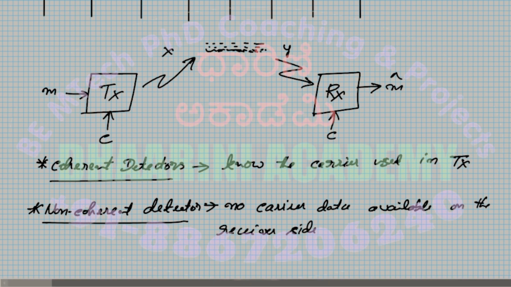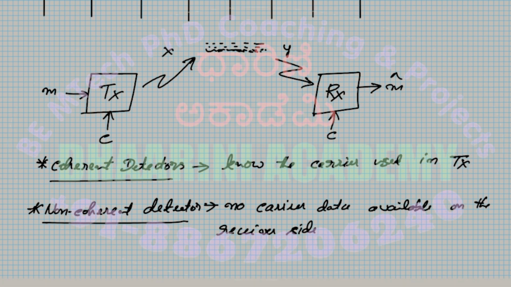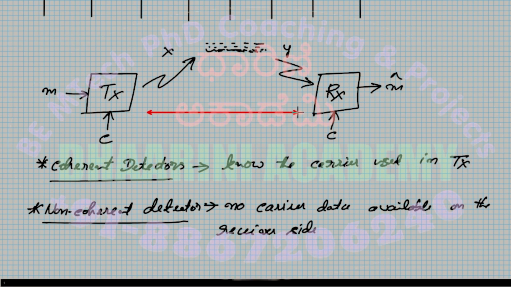There is another technical term being used. You might have heard that if both transmitter and receiver know the details of the carrier, then we use a term: both are synchronized.